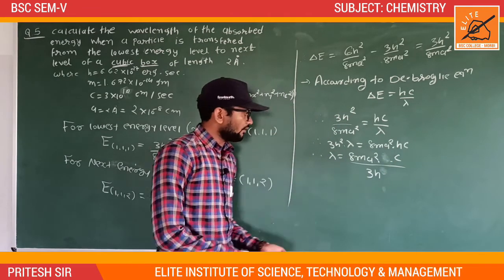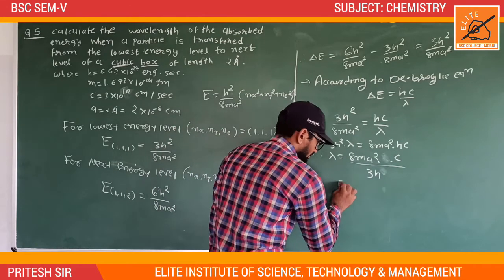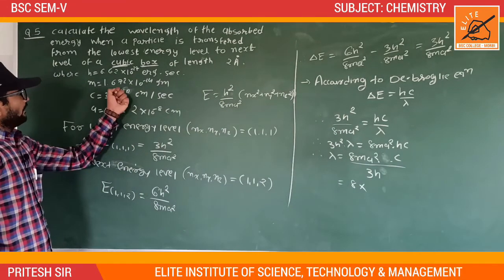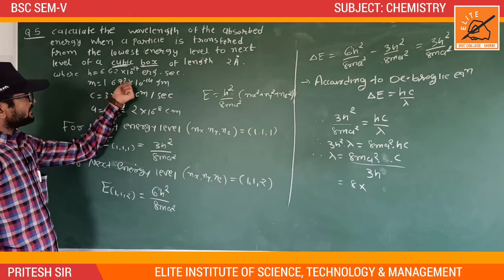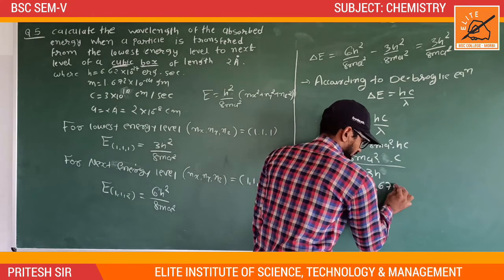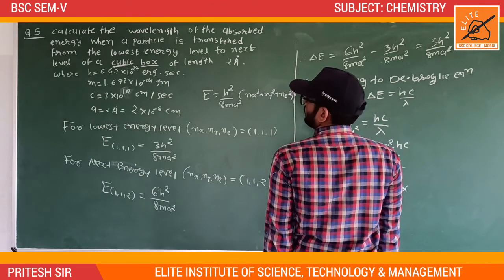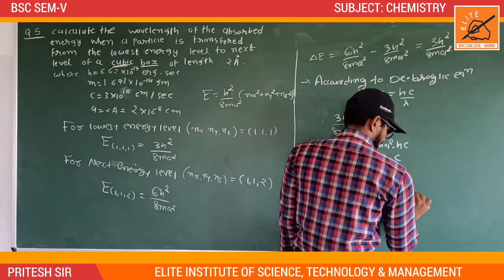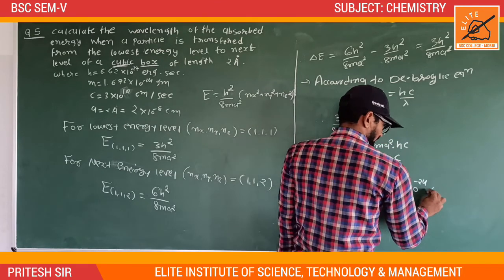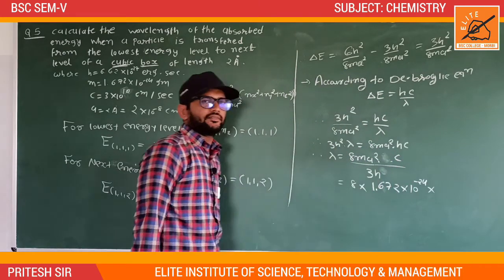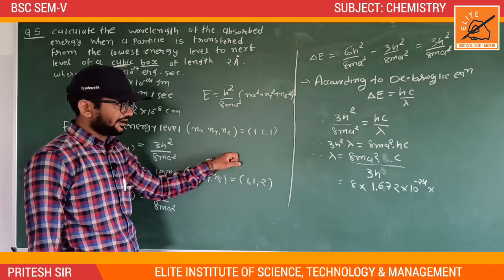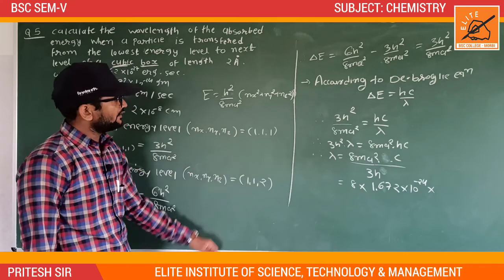Now put in the values. Mass m is equal to 1.672 into 10 to the power minus 24, and a is the length or edge of the cubic box. For a cubic box, length, width and height are all equal.